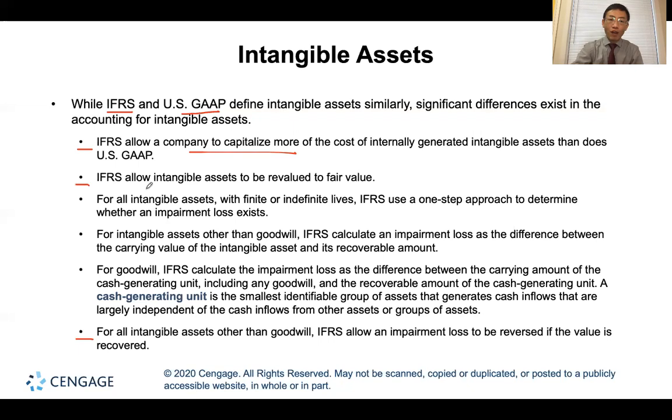And also IFRS allows intangible assets to be revalued to fair value. That means if you recognize the impairment for intangible assets, after the value is restored, you can restore the value again. But US GAAP cannot do that. And for all intangible assets other than goodwill, IFRS allows an impairment loss to be reversed if the value is recovered.